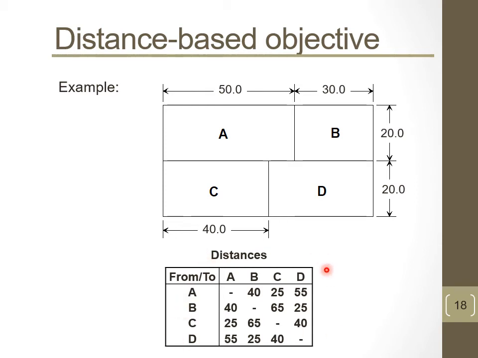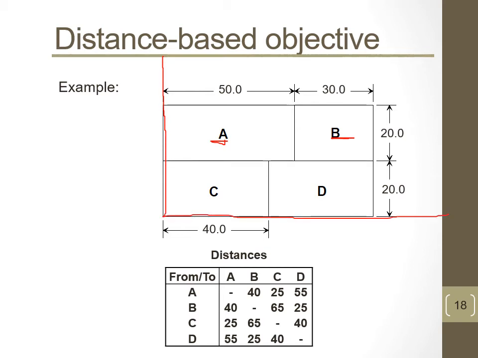So the distance matrix is given here, but in fact we calculated the distance matrix from this layout. How did we do it? Let's try to understand. Okay, let's try to calculate the distance between department A and department B. Okay. How do we do this? I think the easiest method is to consider like this. Assume this is the coordinate system and this is the coordinate axis.